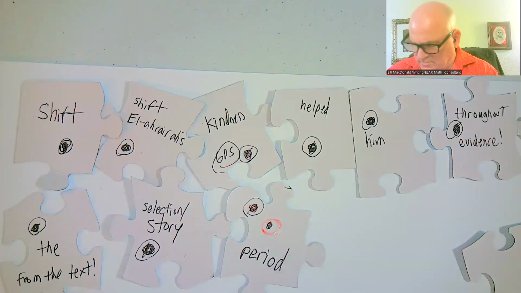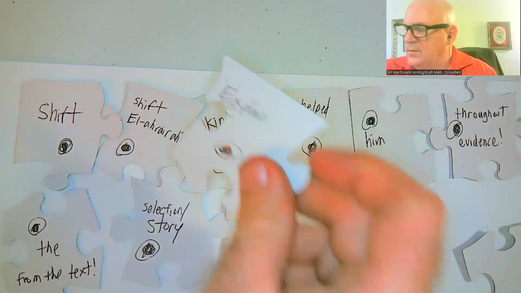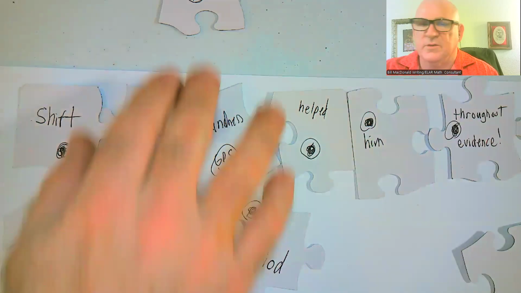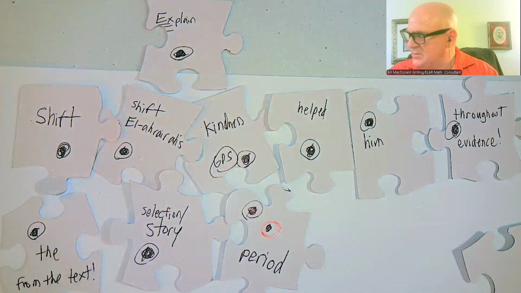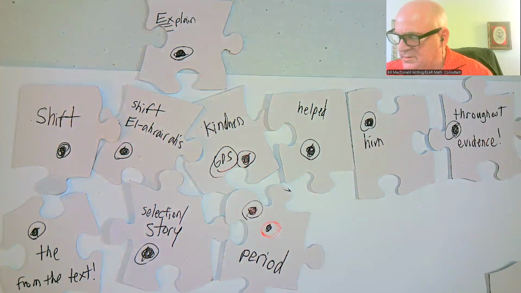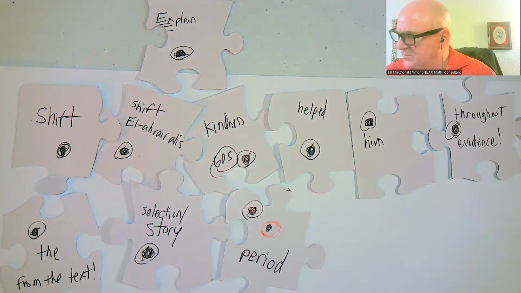Okay. So we're going to remove the word explain because that's not part of a central idea statement, that's just telling us that that's where the prompt is. Okay. So I'm going to pull off all the pieces that don't have anything in case I want to use them to write a few extra words or phrases.